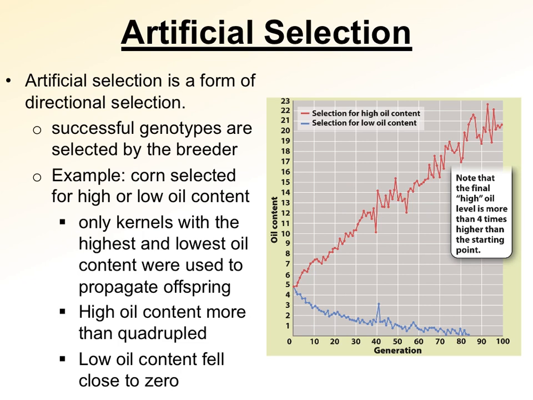Now, another point to think about is that, while yes, natural selection is occurring naturally in the environment, there are also times where humans have artificially selected.